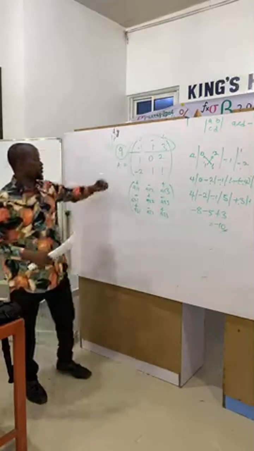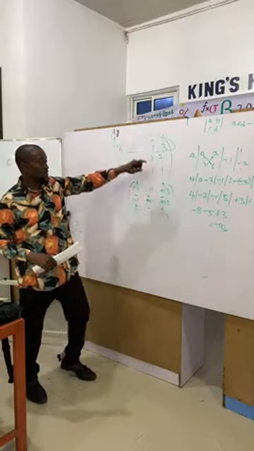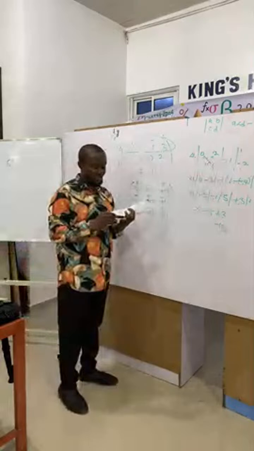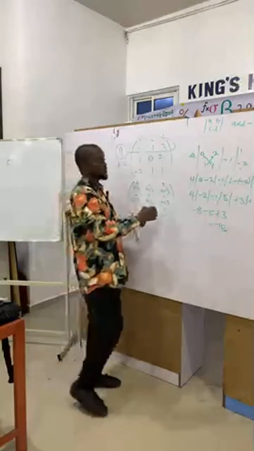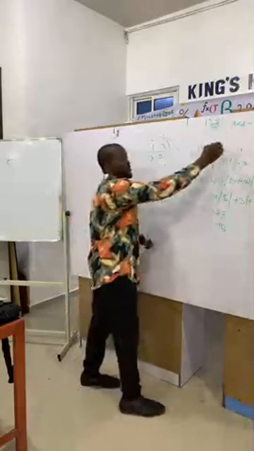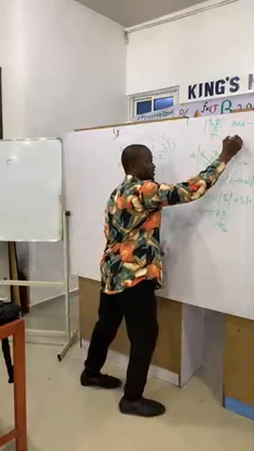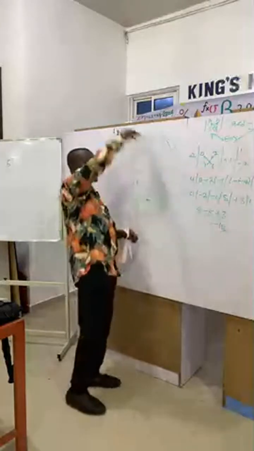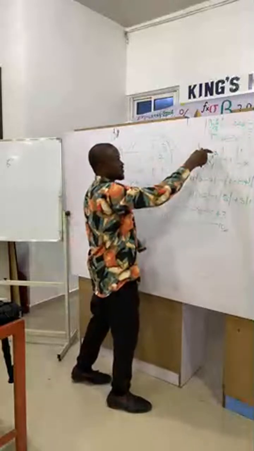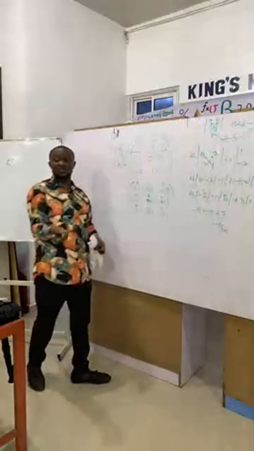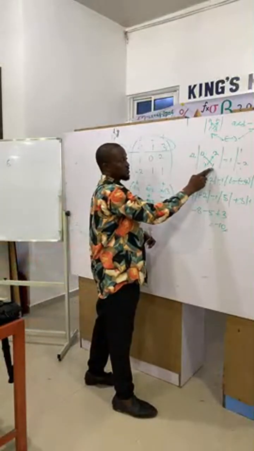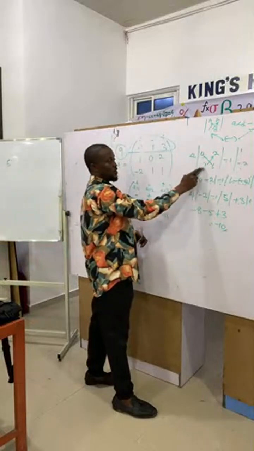So from that point, we've gotten this. Remember what I told you, that the law of determinants states that when you want to find determinants, it's going to be this side minus that side, just like saying A times D minus C times B. So from that point, 0 times 1 is 0. 1 times 2.